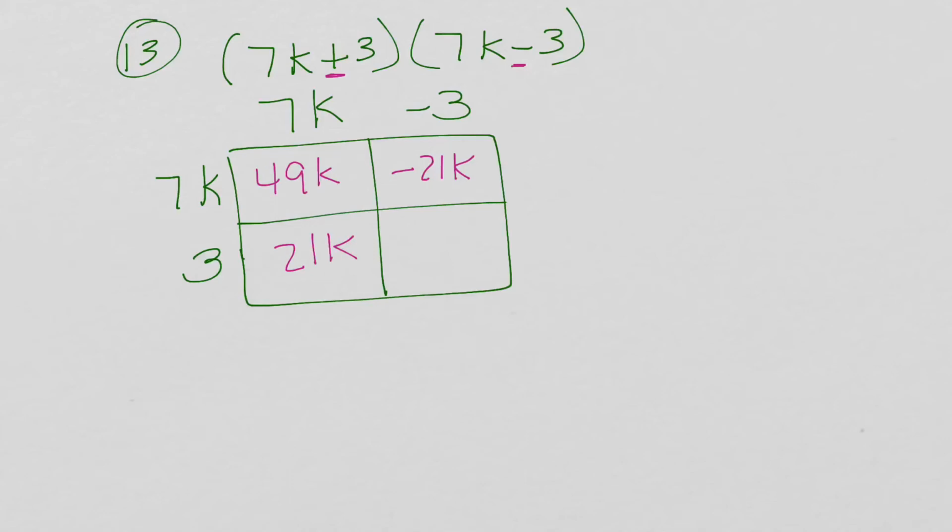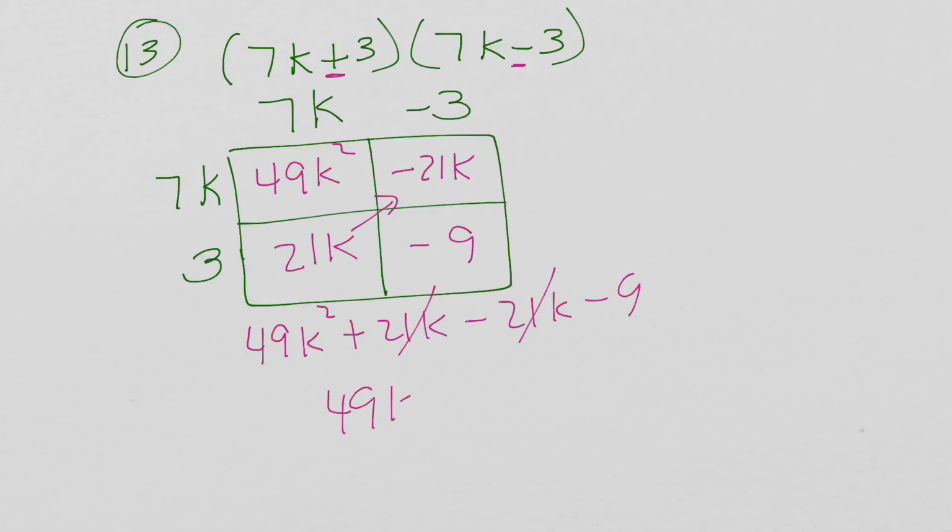And 3 times negative 3 is negative 9. Combine our like terms. 49k squared plus 21k minus 21k minus 9. You'll notice that our middle terms zero pair out. So it's 49k squared minus 9.